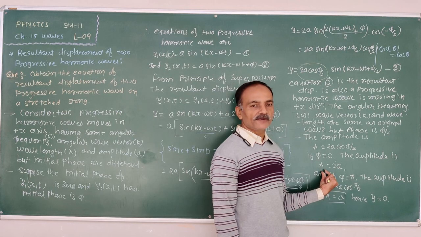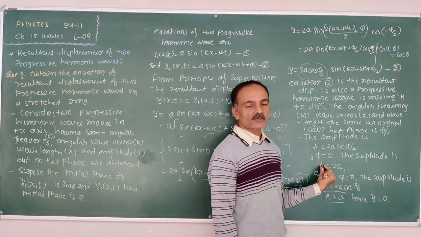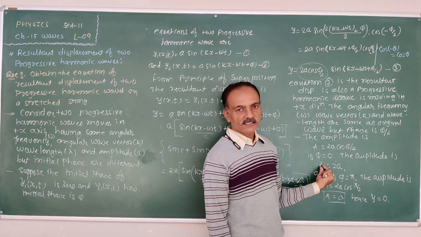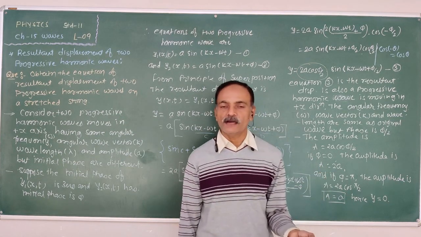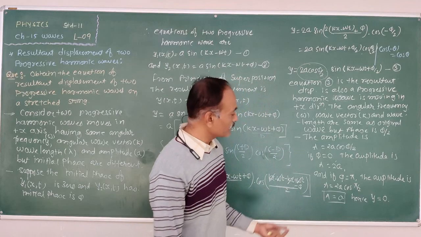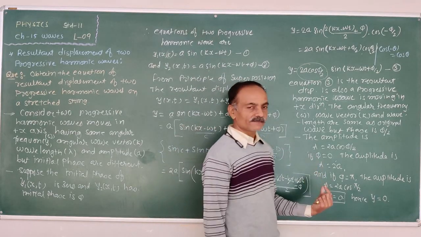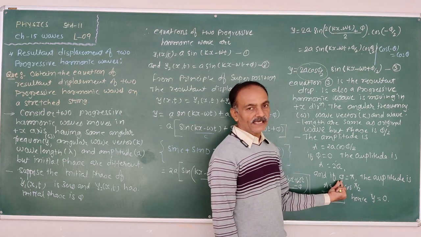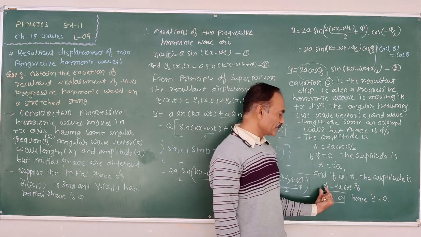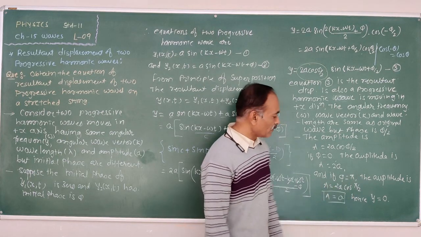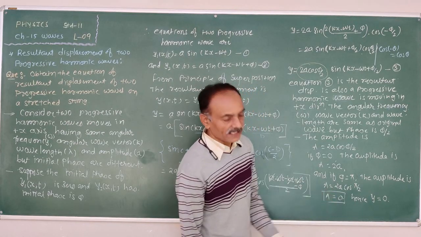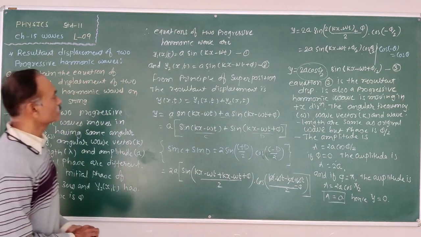That means the amplitude of oscillation of a point at which the two waves are superposed is the addition of the amplitude of each wave. Therefore, A is equal to 2a. And if the phase is pi, a 180 degree phase, the amplitude A is equal to 2a cos pi by 2, which becomes 0, hence the displacement is also 0.